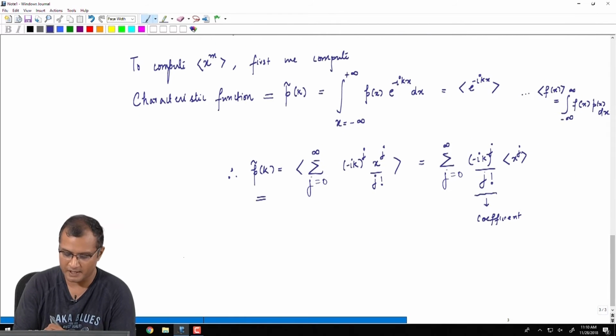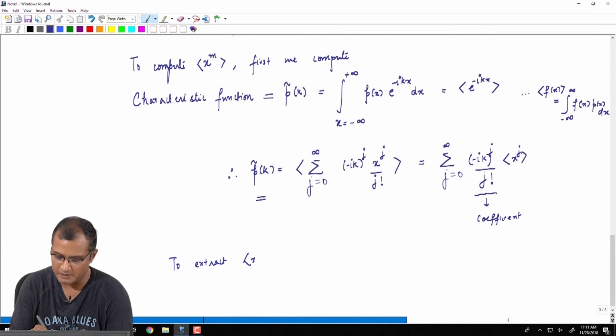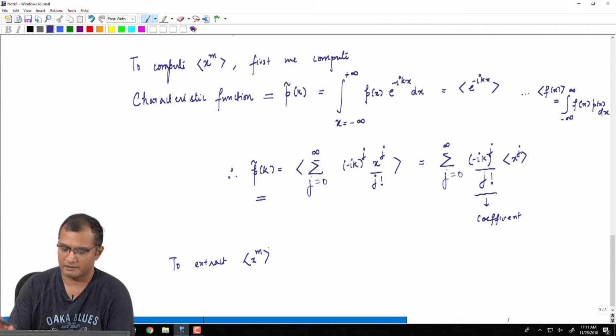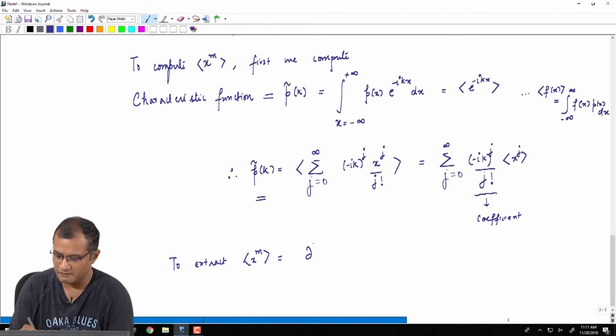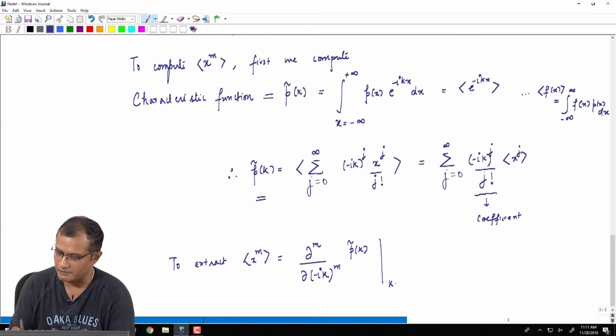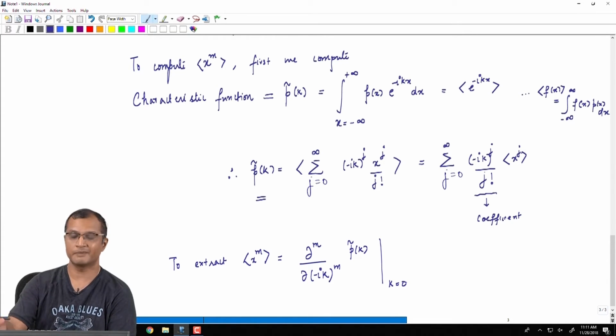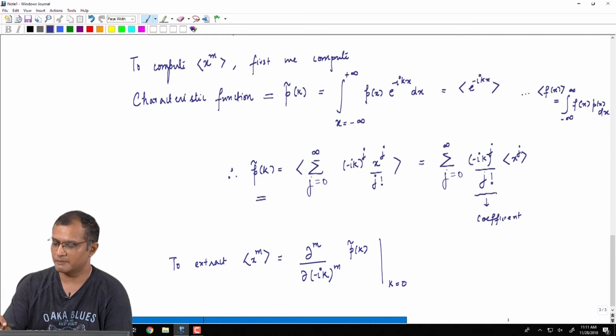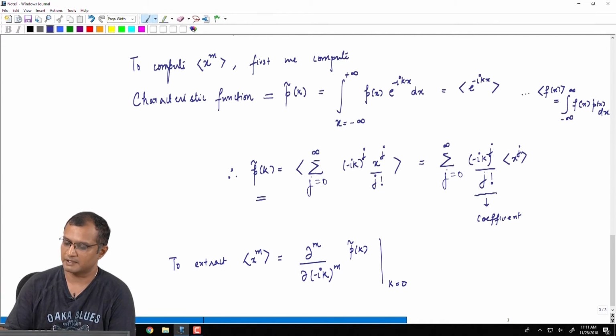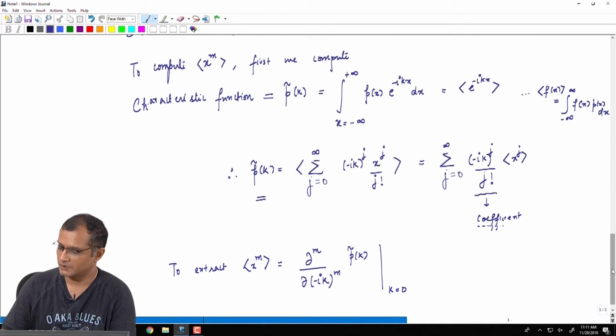And so, if I want to extract the mth moment from this power series, the extraction would require just taking the mth derivative of my characteristic function with respect to ik and then evaluating this derivative at k equals 0. This would eliminate the coefficient, and what it will give me is basically the mth moment of the random variable.